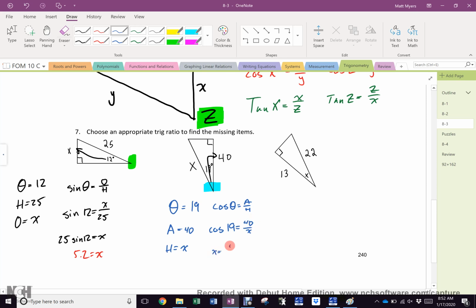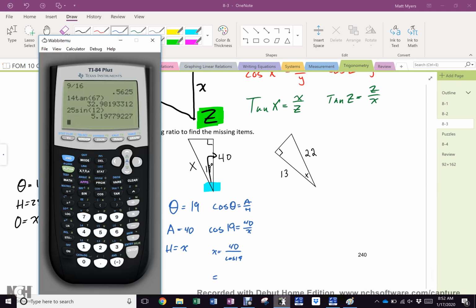X equals 40 over cos 19. If you're going to punch that into your calculator and you have a backwards calculator, it's 40 divided by 19 cos equals. For those of you with a forward calculator, 40 divided by cos 19, close brackets, equals. And everybody try it, and somebody say an answer.